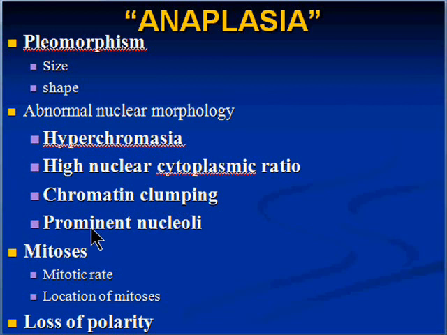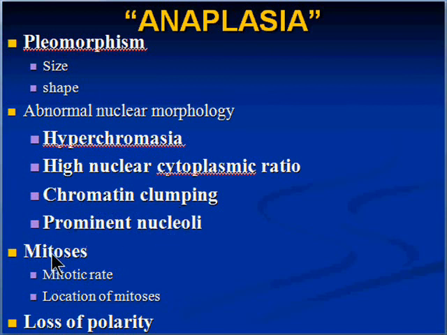And often a cell may have 0 or perhaps 1 or perhaps more than 1 or 2 nucleoli normally, but anaplastic cells generally have more prominent nucleoli. Sometimes these are called nucleoli, but what they really are is clumps of chromatin, because from light microscopy you really can't tell the difference, and probably not even from electron microscopy.